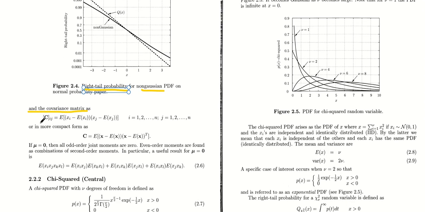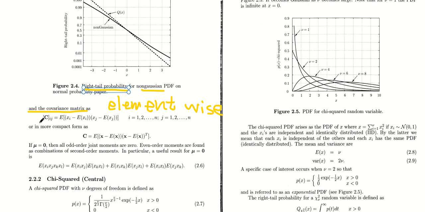Covariance matrix is an element-wise definition. Element-wise meaning element by element, 就是每一个元素都拿出来定义，叫做 element-wise definition.